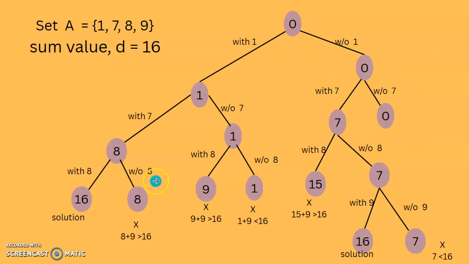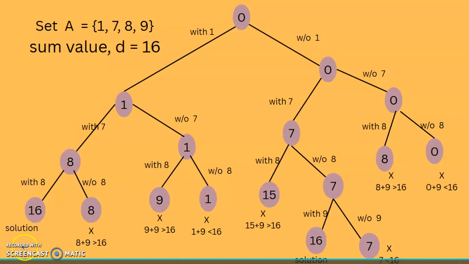Third element. Consider the third element in this path. The third element is 8. So the left subtree with 8, that means this sum value 0 plus 8, the new sum value will be 8.